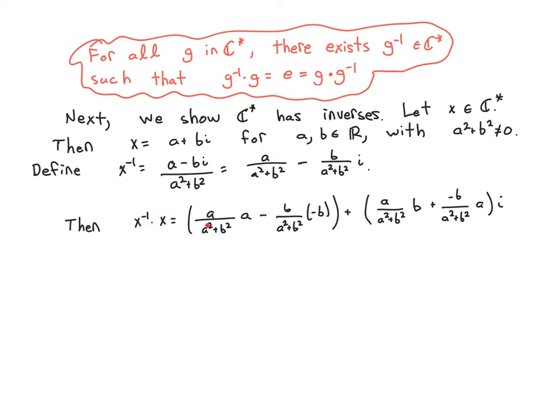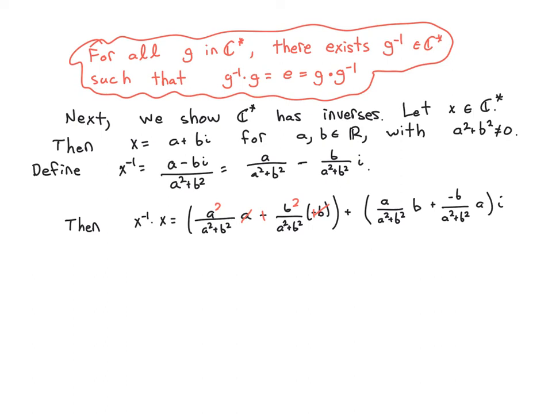Well, the real part times the real part of x, minus the product of imaginary parts, plus the cross terms. We're going to note pretty quickly, negative times negative is positive, and a times a is a squared, b times b is b squared.